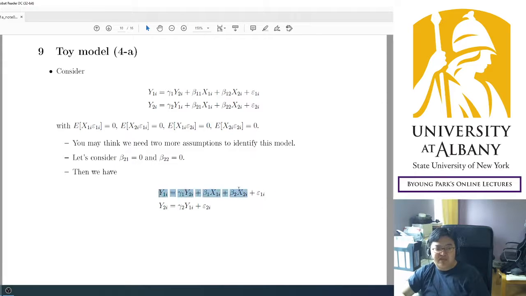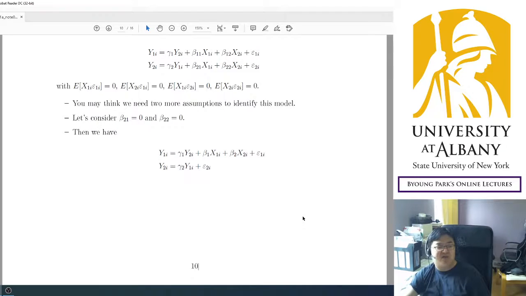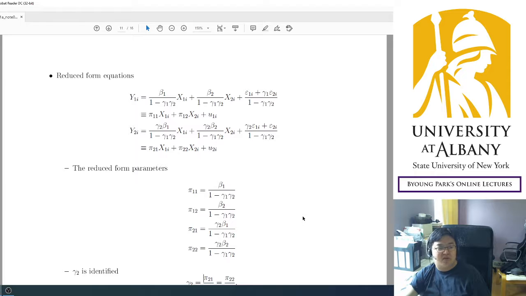If you try to estimate this, you can't. You cannot estimate the other equation. So in this case, you have no choice but to use the limited information approach because the other equations are not identified. So this is another way to understand the difference between the full information and limited information approaches.